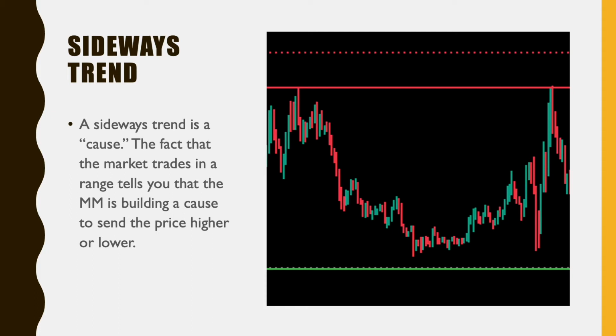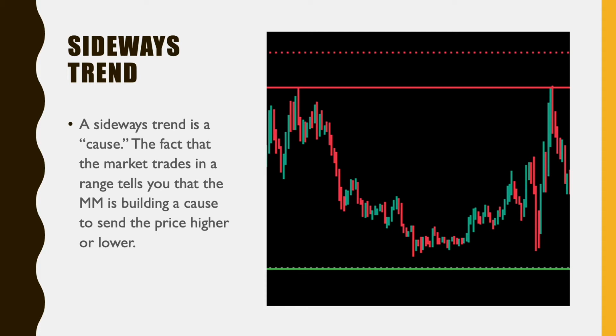Now, by now, you should already be familiar with market structure. We have three primary market structure patterns: an uptrend, a downtrend, and a sideways trend. In the Wyckoff methodology, the sideways trend is paramount because this is where the market maker, or the whale, or the Composite Man, is doing his job.